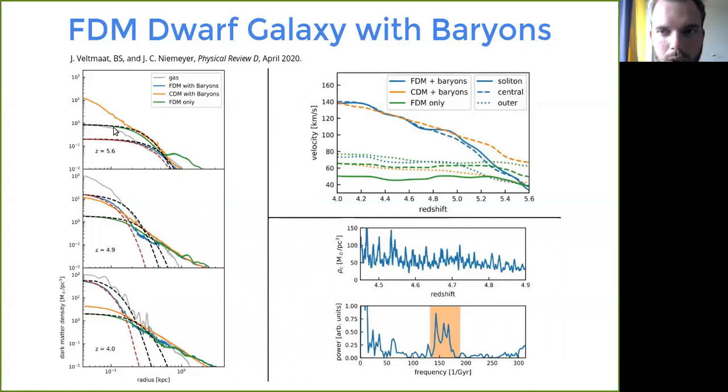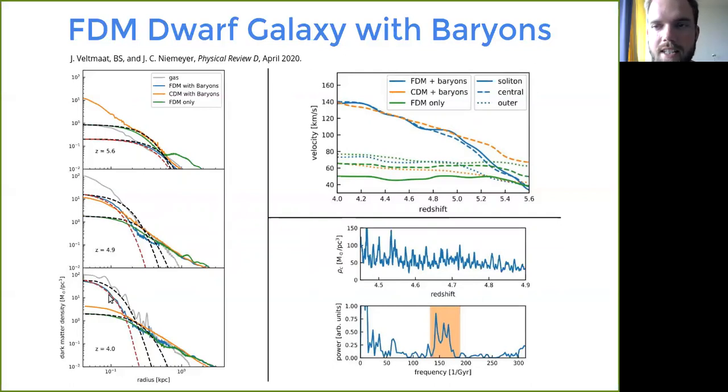And what you can see is that it is initially suppressed compared to cold dark matter, but then, especially for lower redshifts, the solitonic core forms again, and then even in the center, it's even higher than cold dark matter. I mean, that's not a cusp here, it's again a core, but we have this very prominent core actually.